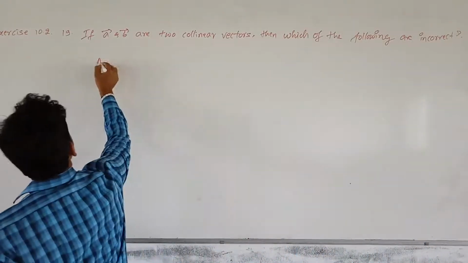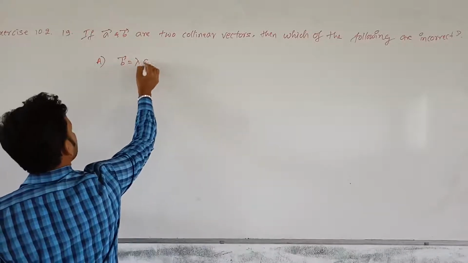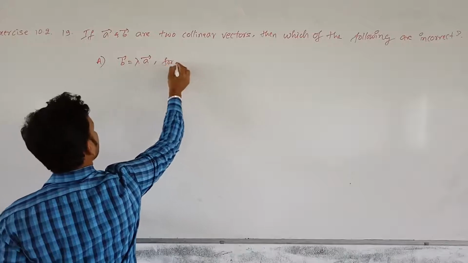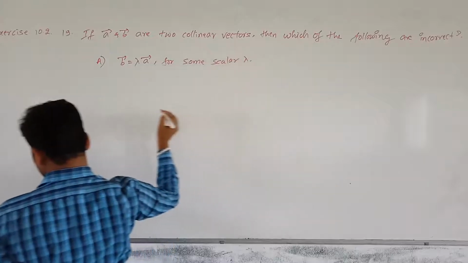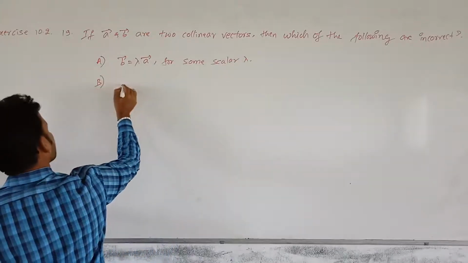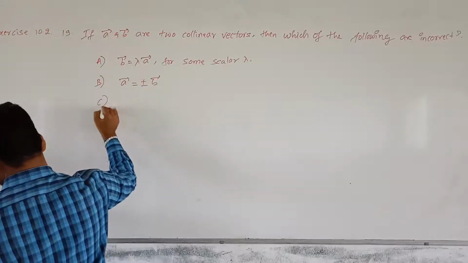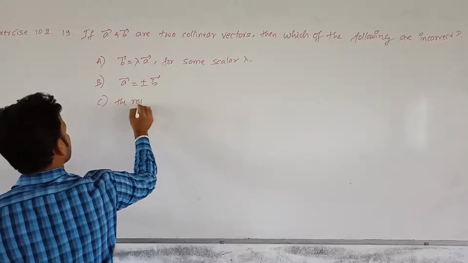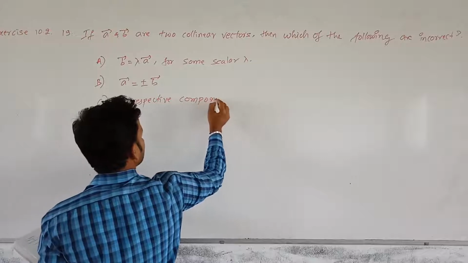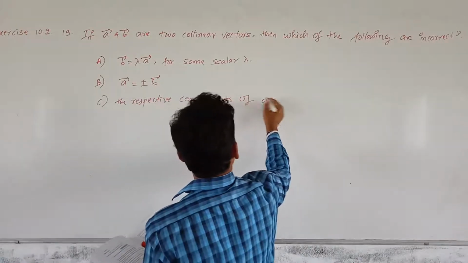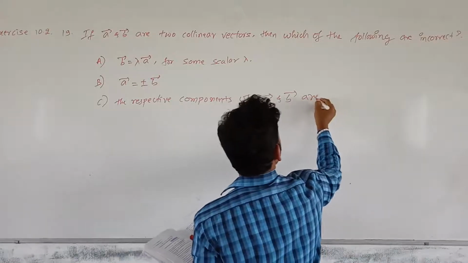Option A, vector B is equal to lambda times vector A for some scalar lambda. Next, B, vector A is equal to plus or minus vector B. C, the respective components of A and B are not proportional.